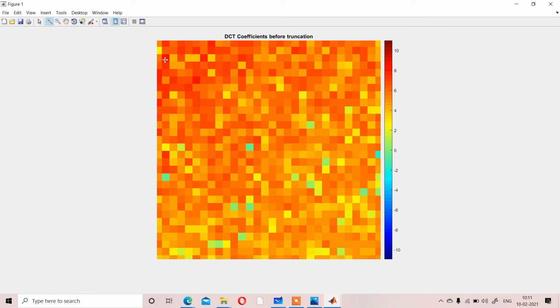If we choose a yellow pixel, the intensity level will be 2, like that. Then green is 0, and for blue pixels the intensity level is reducing. The maximum number of blue pixels means the intensity level is minimum. Is that clear? That is how we define the DCT coefficients.